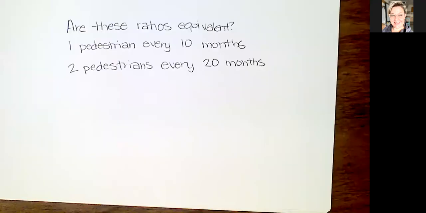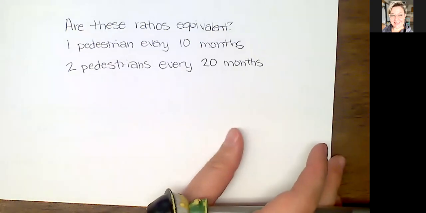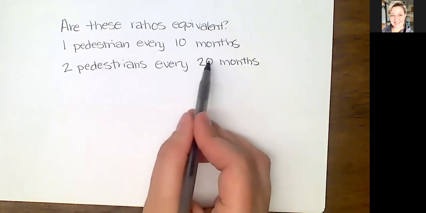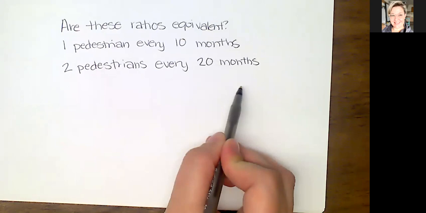Okay, so here we are looking at one of the questions from IXL, and I found one that is similar to the ratios that we were already doing where we multiply both sides by the same number. So we're going to look at this first. This is the question: are these ratios equivalent? 1 pedestrian every 10 months, 2 pedestrians every 20 months.